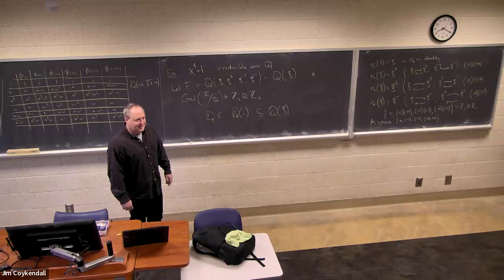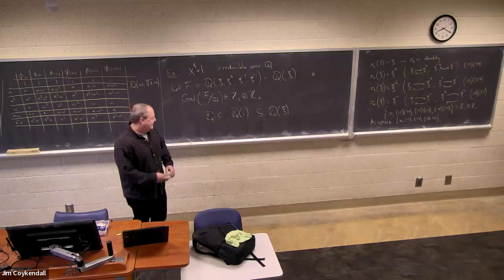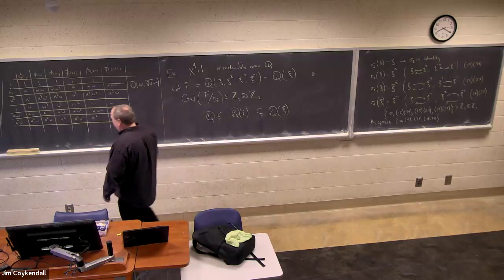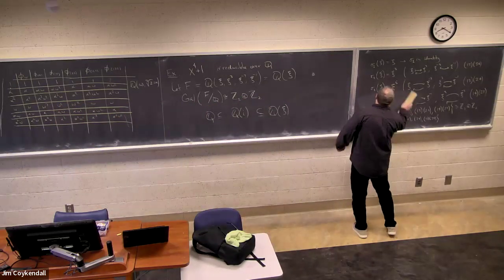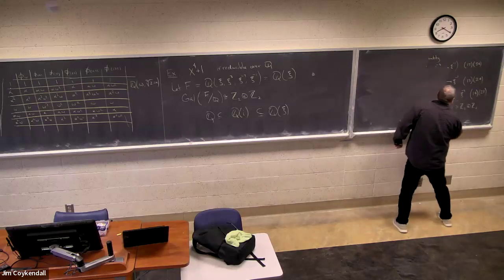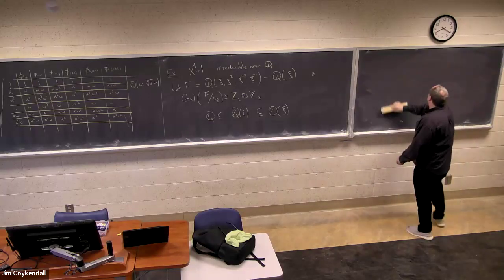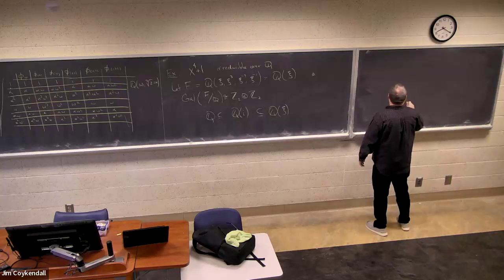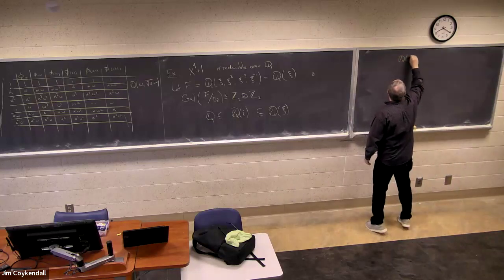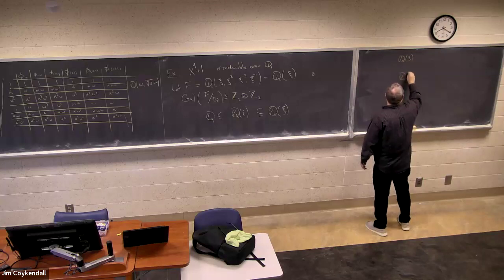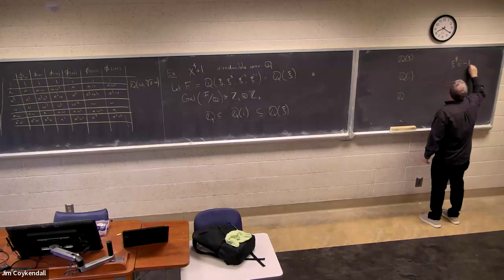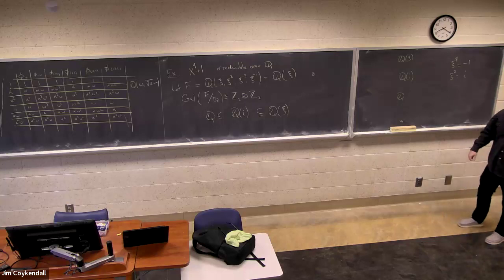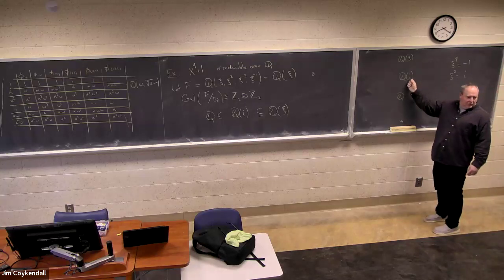Are there more? There are actually a couple more. Notice this is really Q adjoined with the root squared, right?